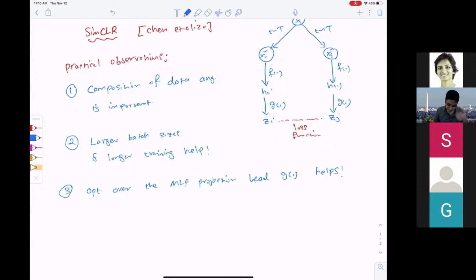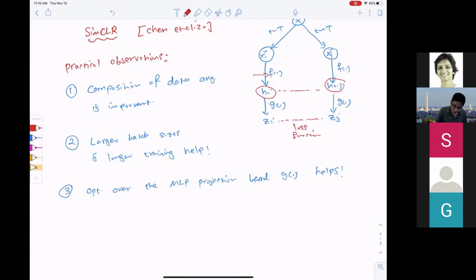So previously, in other self-supervised methods, we have an embedding function, F, and then we get these H vectors, and then we define similarities between H vectors that we obtain, and that's basically what has been done before.